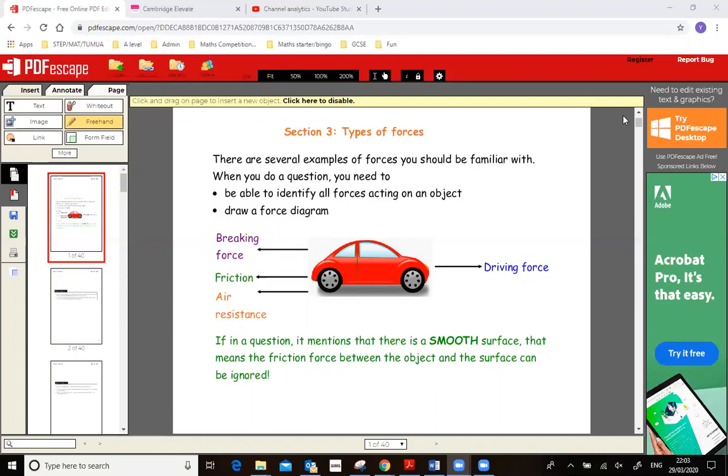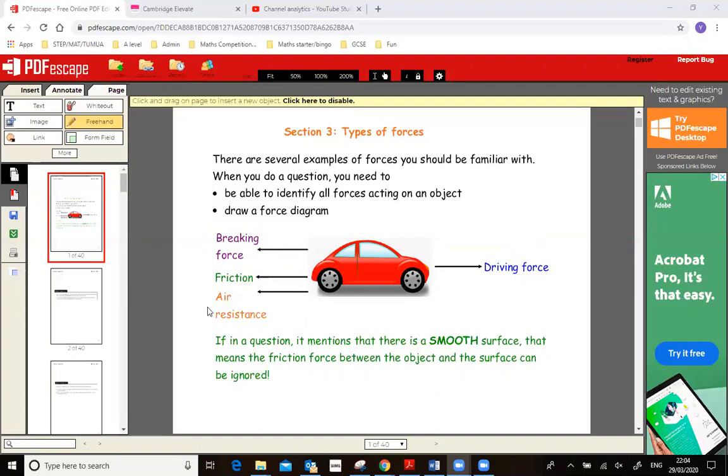So for example, if the car starts from rest and is to accelerate, there must be a driving force acting on the car to help the car accelerate. If the car drives towards the right-hand side, there must be a friction acting on the car as well.